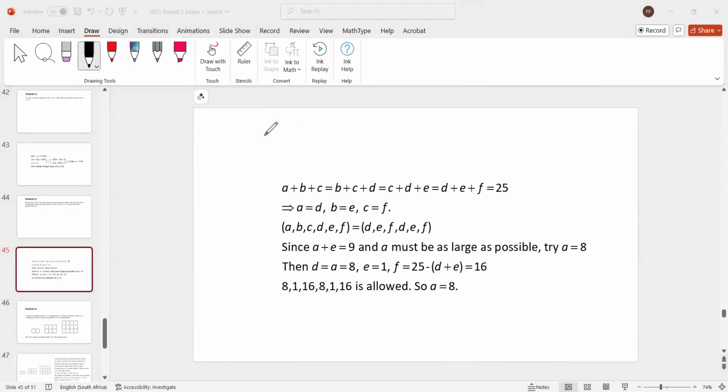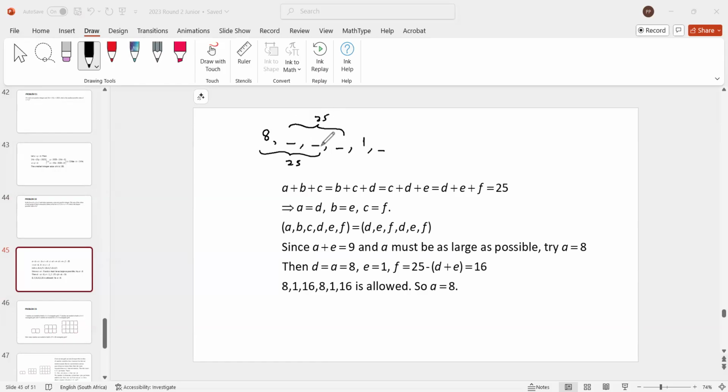Sorry, you got A, B, C, D, E, F. You got B, C, D, E is 1, and F. So you want this to be 1. The sum of these three is 25. Therefore, the sum of these three is also 25.